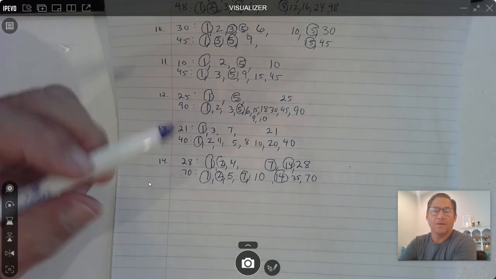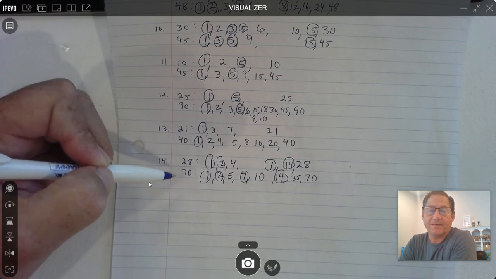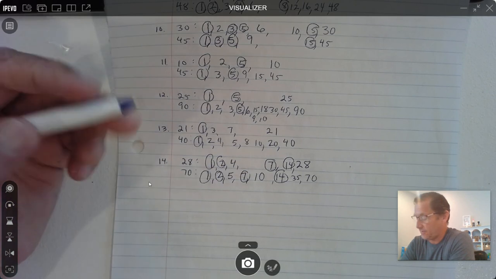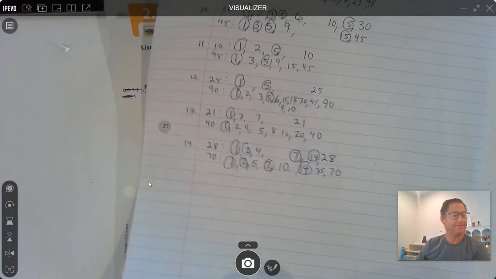Okay. So 28 and 70, the common factors are 1, 2, 7, and 14. So the greatest common factor is 14.